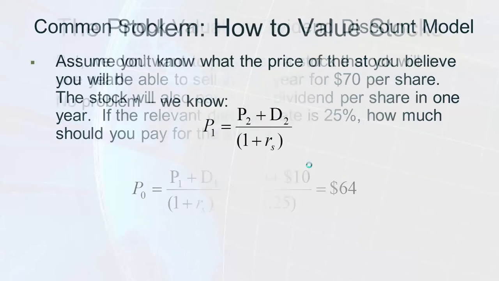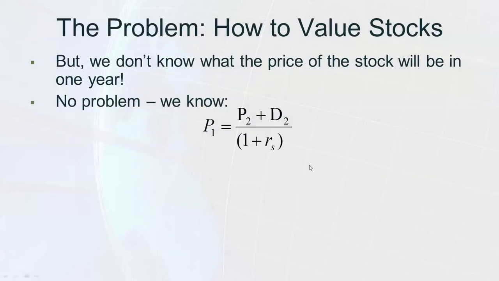Alright, but the problem is we don't know what the price of the stock will be in 1 year from now. Okay, but we know that the price of the stock 1 year from now is the price of the stock 2 years from now plus your dividend next time.